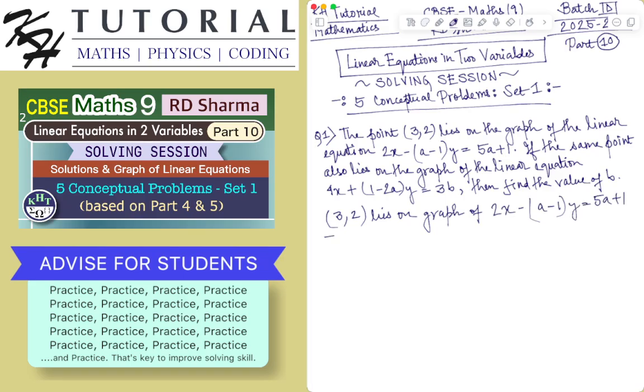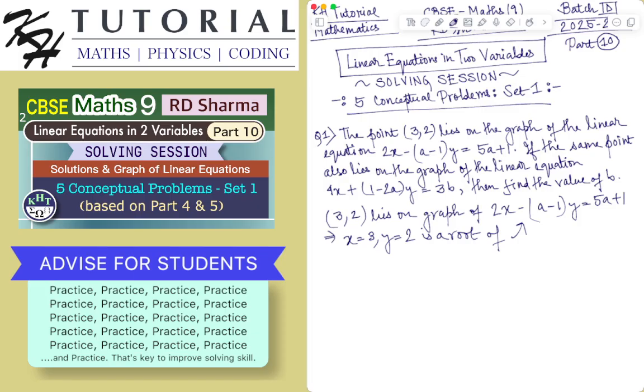So this means that the ordered pair (3, 2), or we can say x equals 3 and y equals 2, is the root of this equation.